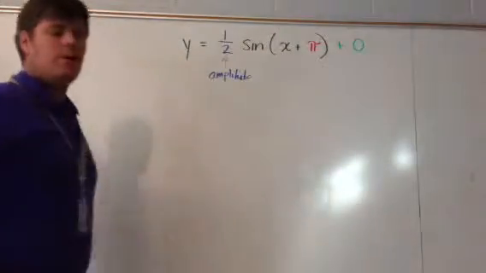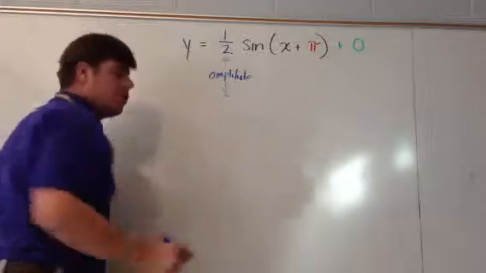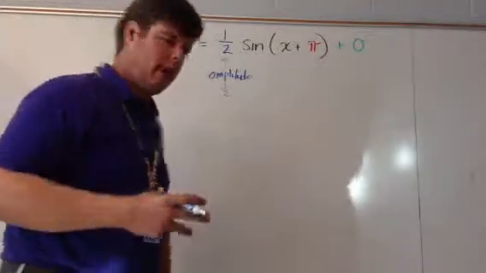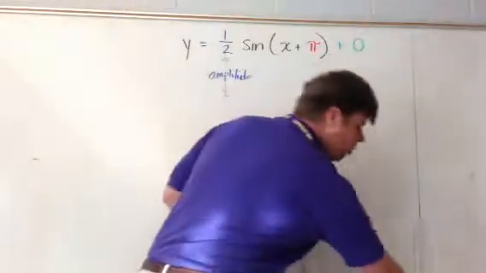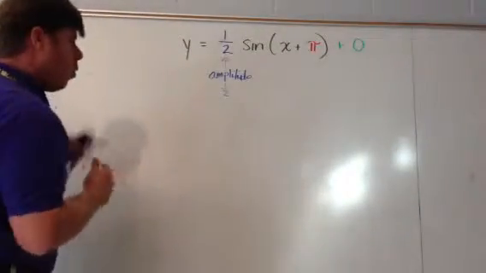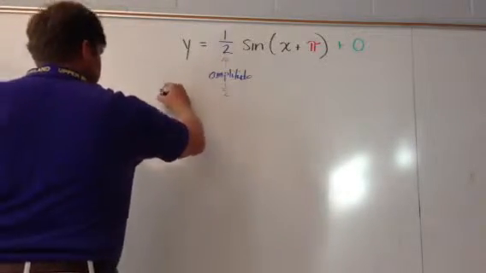Okay, and remember it was a direct impact. So my amplitude now is 1/2, which means the highest point off of my x-axis, when I draw this in here, is only ever going to be 1/2 unit away from the axis. So let me go ahead and draw this axis in here so you can see it.